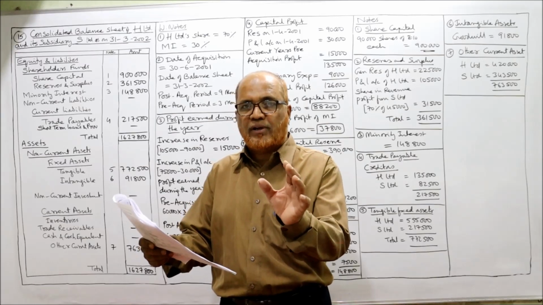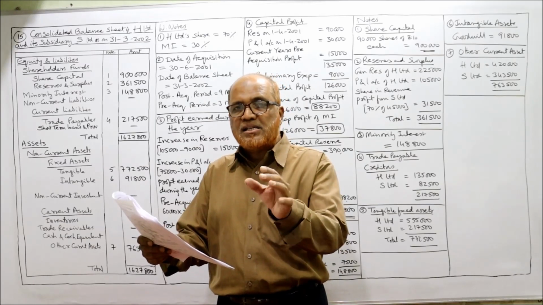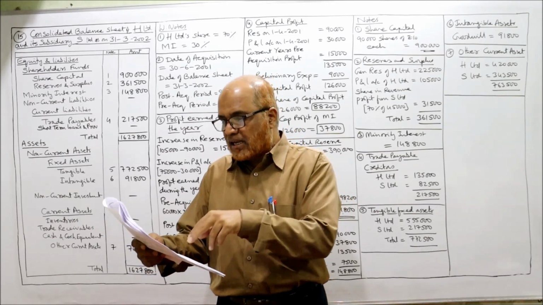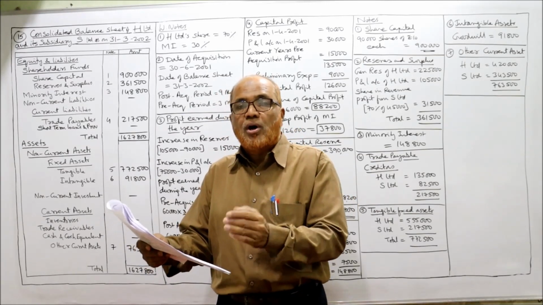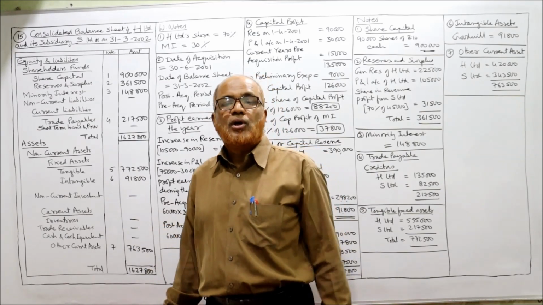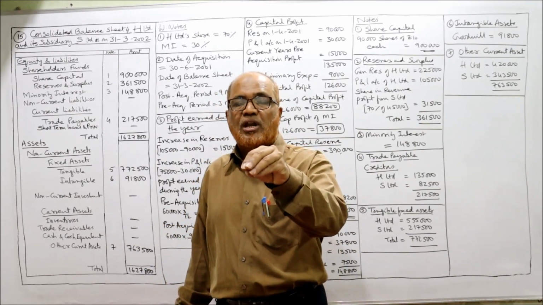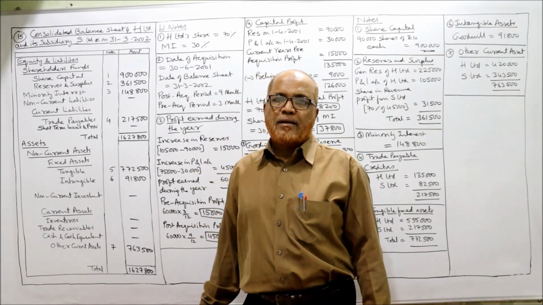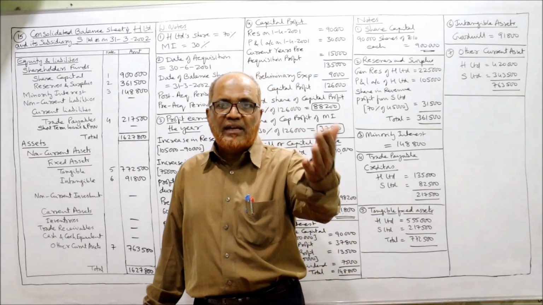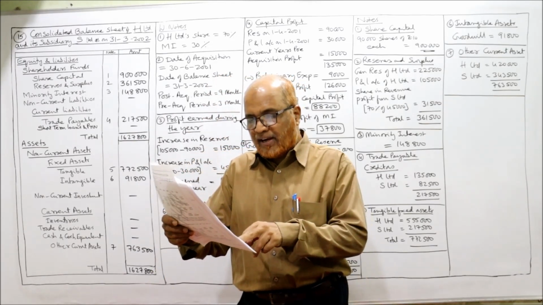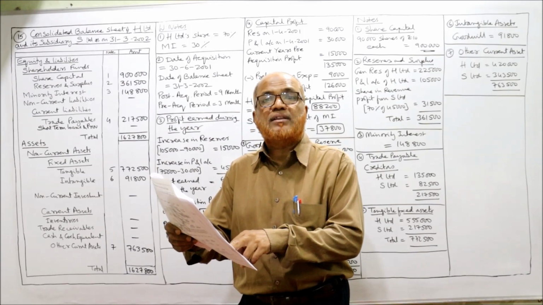Now, carefully you see. General Reserve at the beginning of the year, on 1st April, was 90,000. At the end of the year it was 1,05,000. So 15,000 rupees General Reserve increased during the year. Now, the profit and loss account at the end of the year is 75,000.